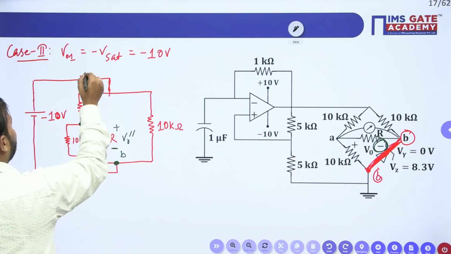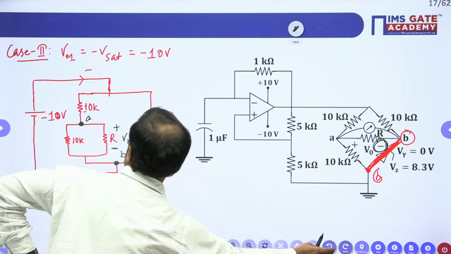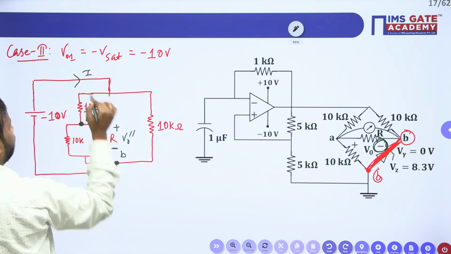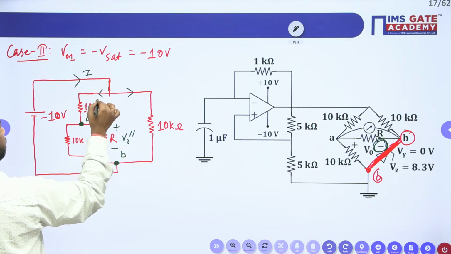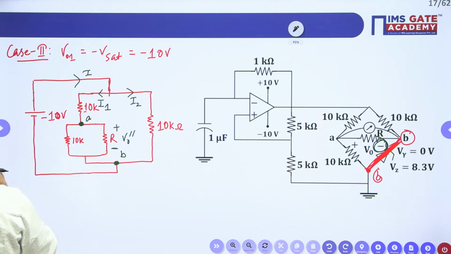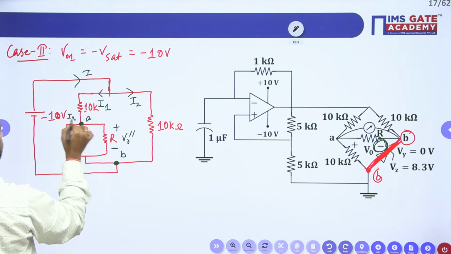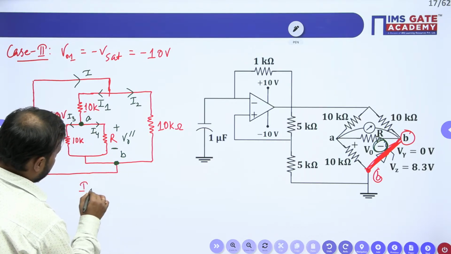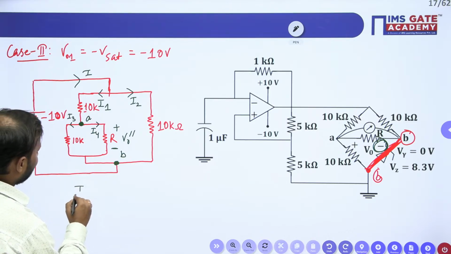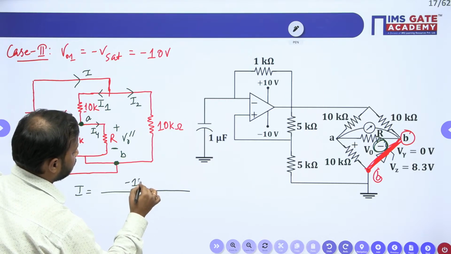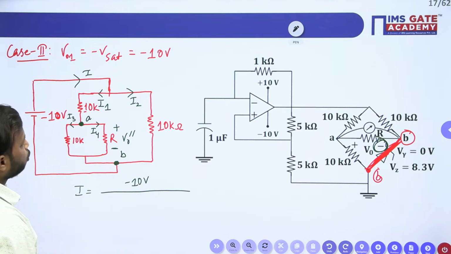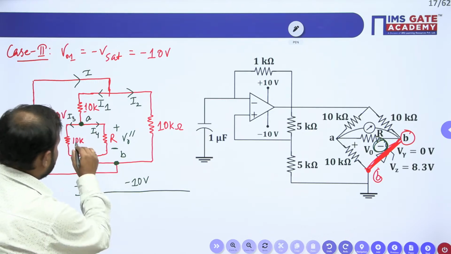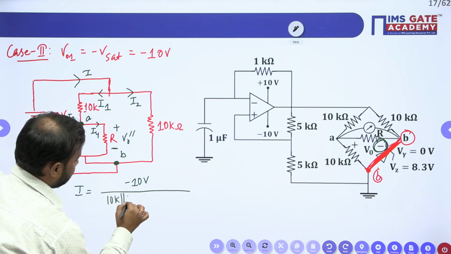So how to find it? Let us take the total current as I, and it is split into two parts. Let me take this as I1 and this as I2. And here let me take this as I3 and this as I4. Done. Now let us find the total current I. So I will be equal to total voltage minus 10 volt over the resistance. This 10K and this 10K will be in parallel. 10K parallel with 10K.